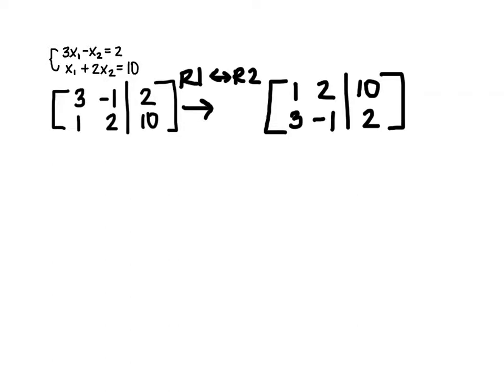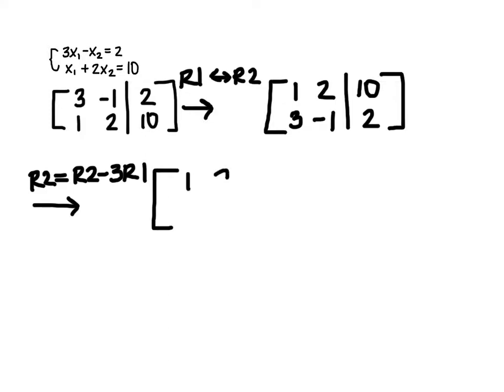What I notice now is that I want to turn this 3 into a 0. So the next operation is to transform row 2. If I take row 2 and subtract 3 times row 1 from it, I'll get 3 minus 3, which will give me that 0 that I need. I have to do it for every single thing in row 2.